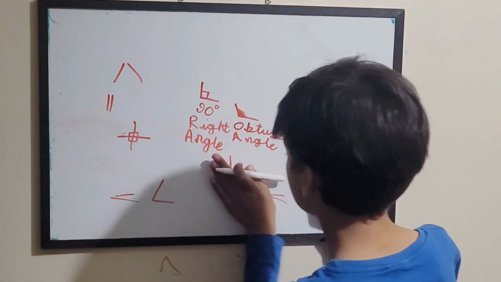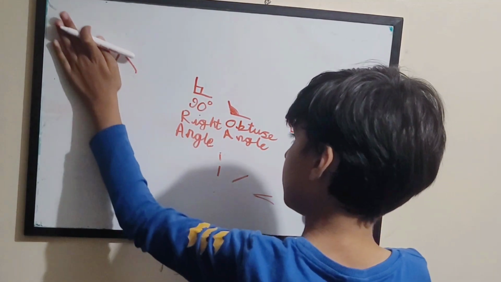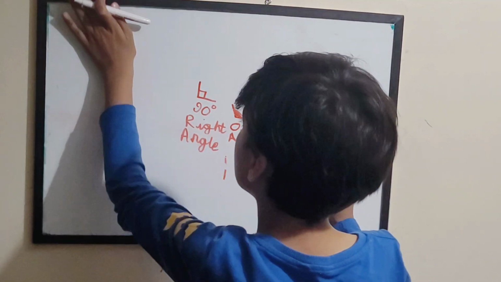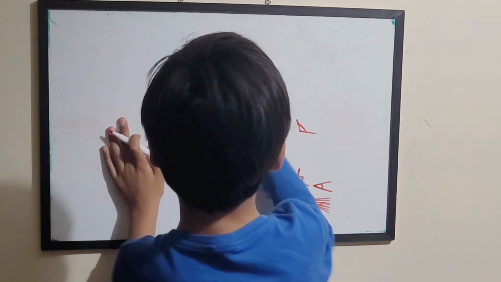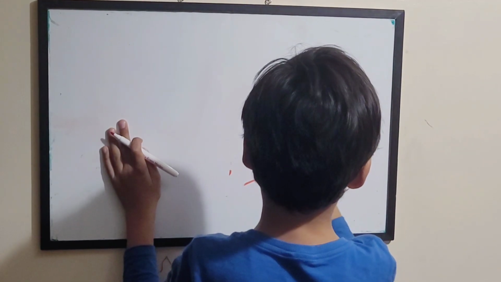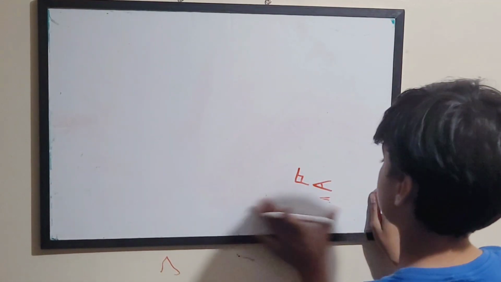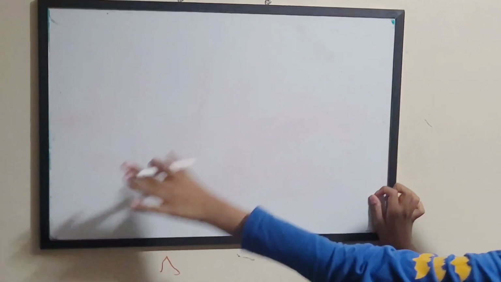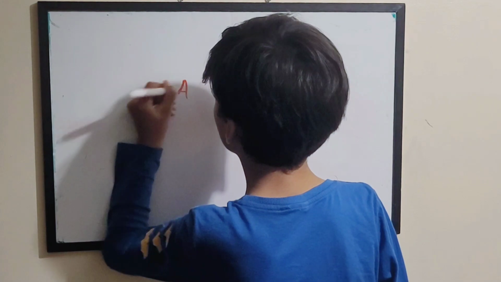So, let's look at another example now. Now, angle shapes, we're going to do now. Okay? Angle shapes. Let's write that down.